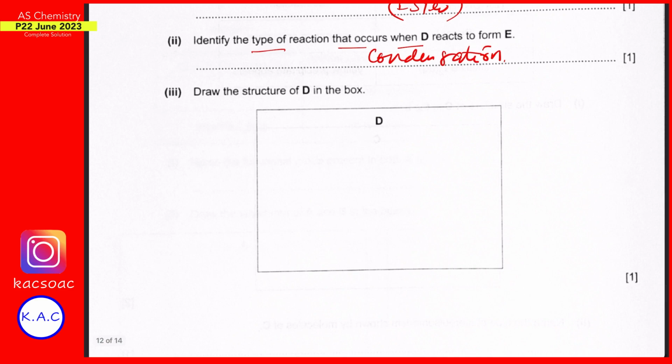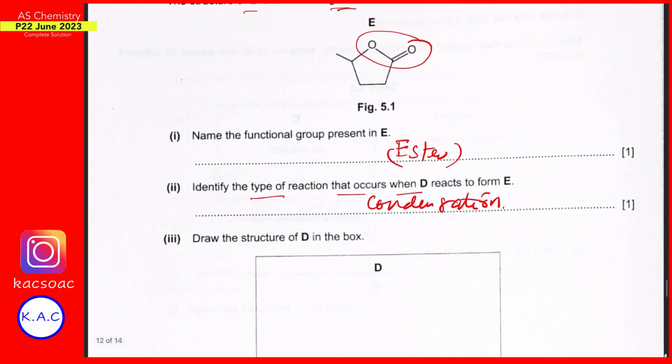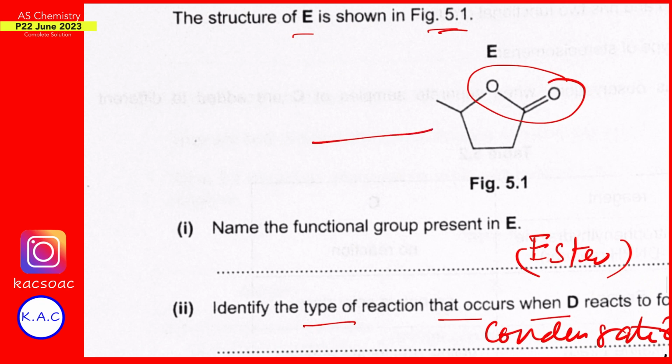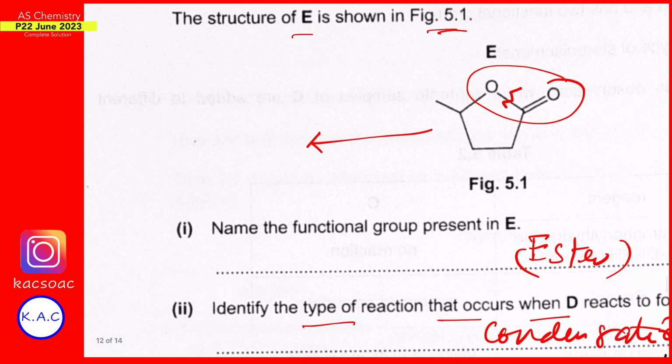Draw the structure of D in the box, and what should D be? I'm going to do it in a reverse way. If I hydrolyze this molecule E, it will change into D, by acidic hydrolysis. So this bond is broken, and here OH, and there will again be OH.